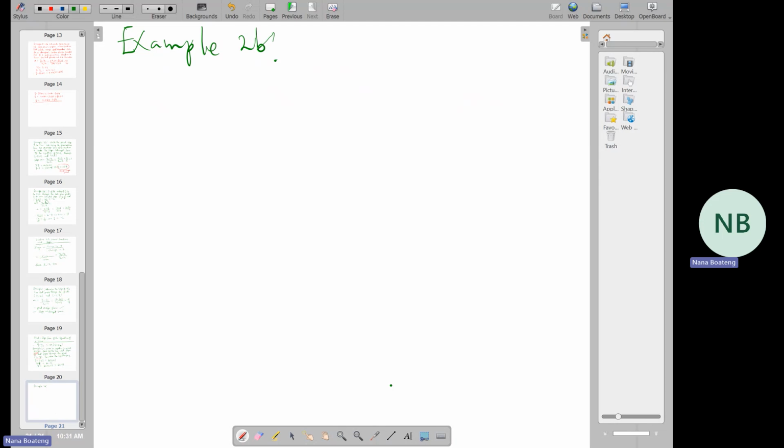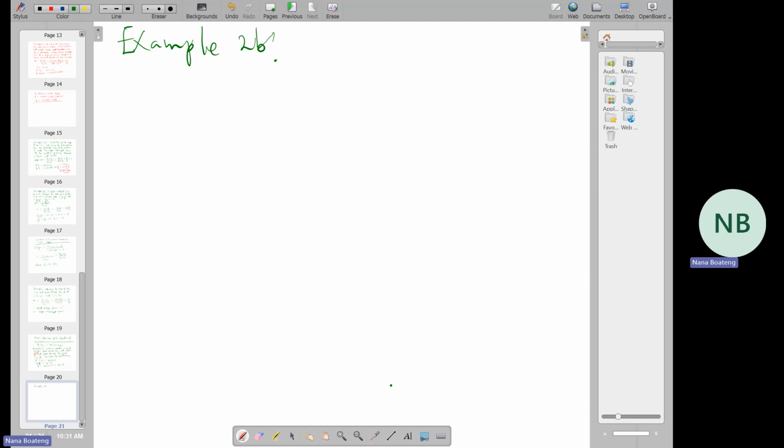Any of these pairs of points would work. So we can pick 0 as our x1 and 8 as our y1. And we substitute this into the equation, and we just found out that the slope m is equal to 1.